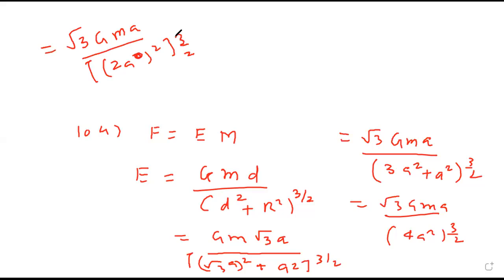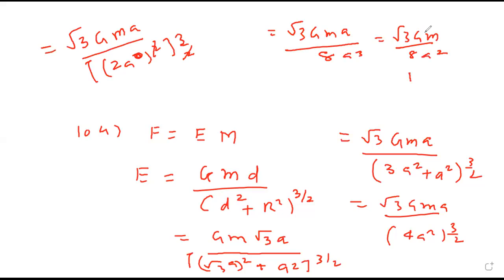The 2 will get cancelled. 2 cube is 8 a cube. So root 3 G M upon 8a square. So force will become root 3 G M into capital M upon 8a square.